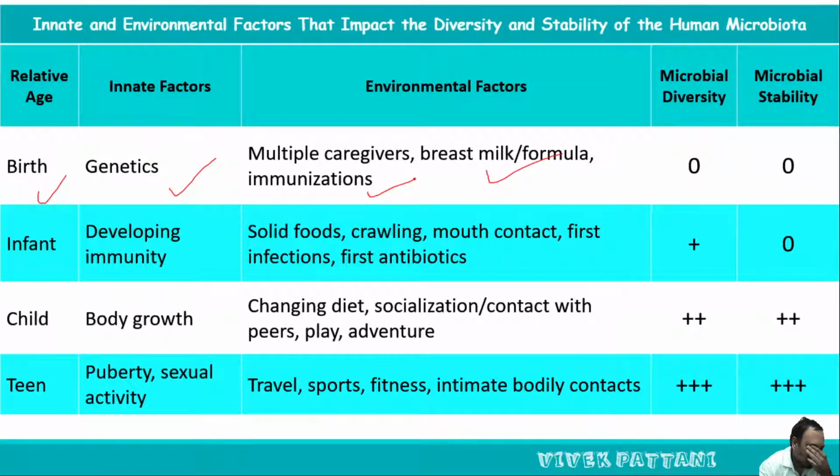These are the environmental factors which are going to affect the normal flora. So starting with the diversity, around the time of birth, microbial diversity is generally low, or you can say almost zero, and as there is no diversity, there will be no stability as well.